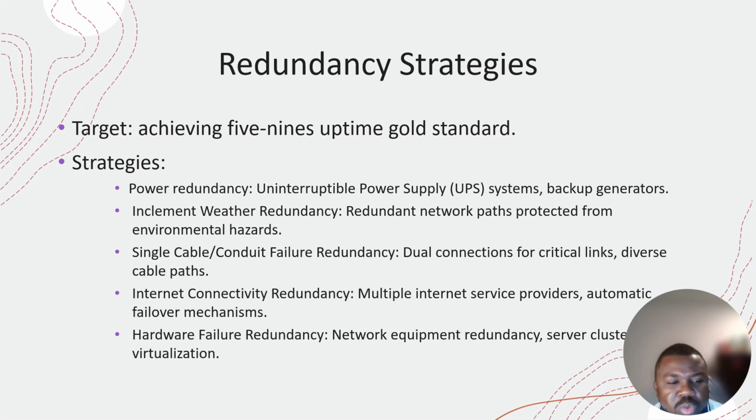Each of these categories showcases the solutions that will be implemented to mitigate potential failures, with a brief explanation for each of them, including using UPS for power supply, redundant network parts protected from environmental hazards for inclement weather, dual connections for single cable or conduit failure, and internet connectivity redundancy using multiple internet service providers and automatic failover mechanisms. All of these are designed to ensure that our network uptime is at the 5 nines.